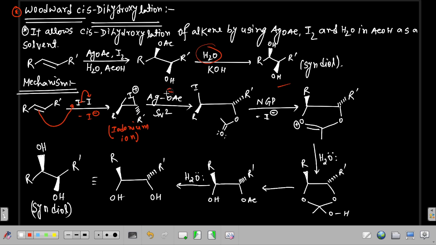Later this will be present as silver plus and acetate ion, so it undergoes SN2 attack. After the SN2 attack, both iodide and acetate will be opposite to each other. Later this will undergo NGP, and it leads to the removal of iodide. So it will form a 5-membered species.